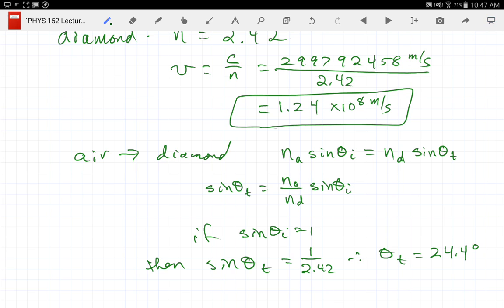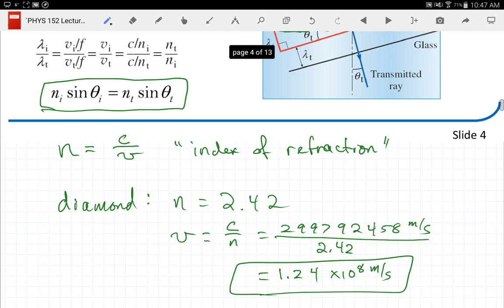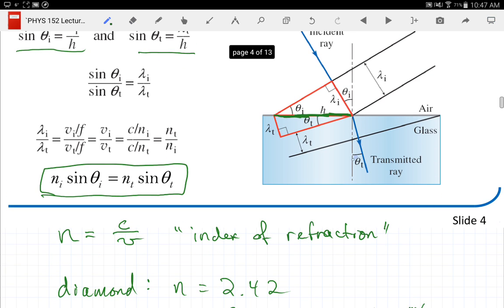Things to learn from this. Number one, light always refracts toward the normal if you're going into a slower material. Number two, diamond with a very slow speed, it's always coming reasonably close to normal. That's actually a big thing. Why are diamonds considered pretty? They're sparkly. And why are they sparkly?